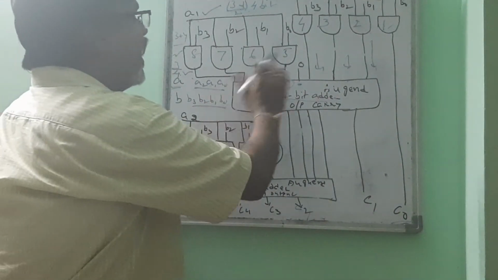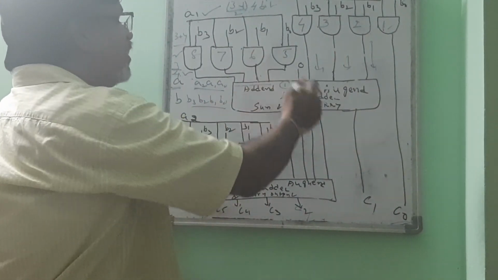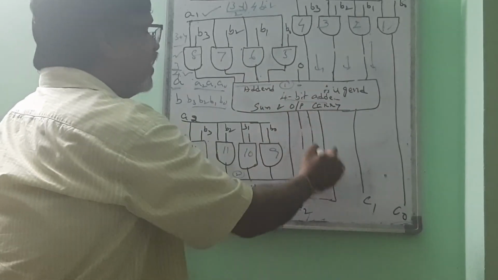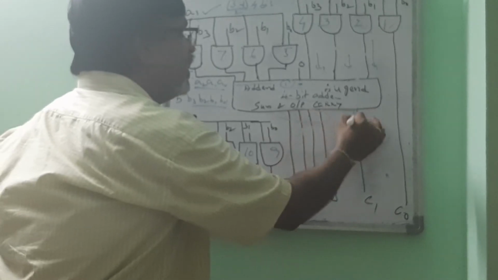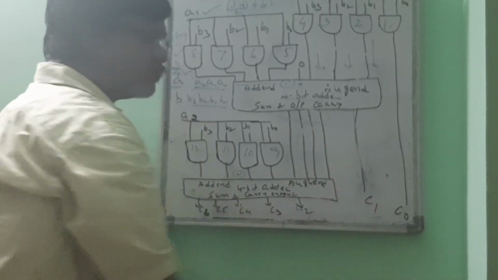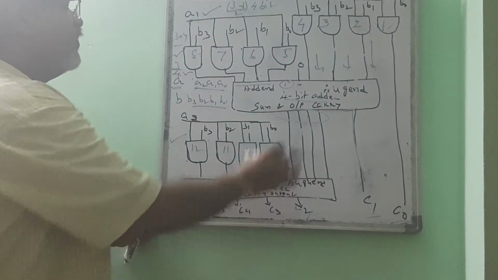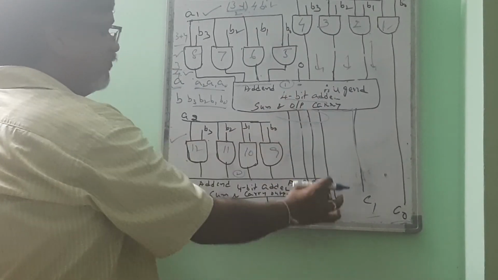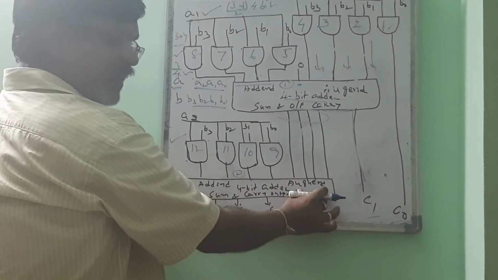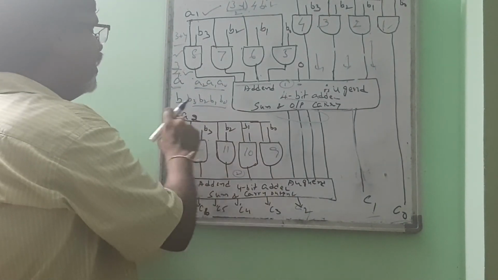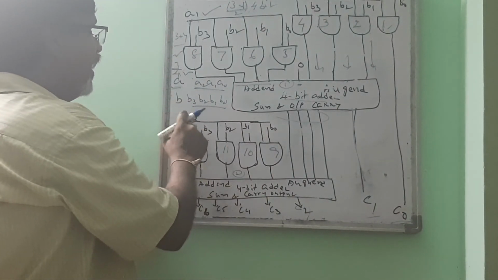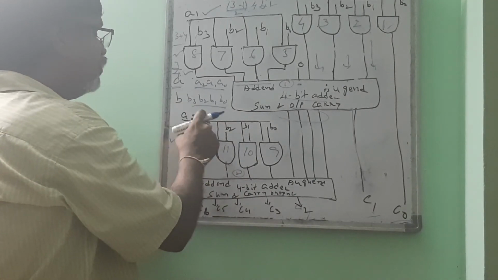When you are adding 4 bits with 4 bits, definitely you will get a carry and sum. So here a 4-bit sum and a carry is there. This carry will be the C1 value. And then these 4 bits will be the input for the second 4-bit adder, and here A2, B0, A2, B1, A2, B2, A2, B3.